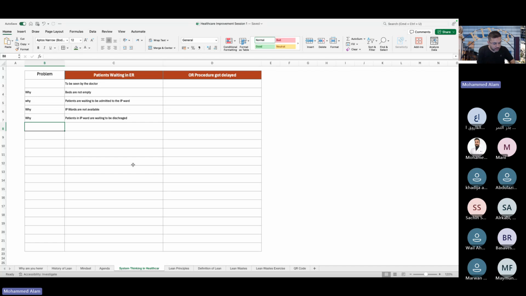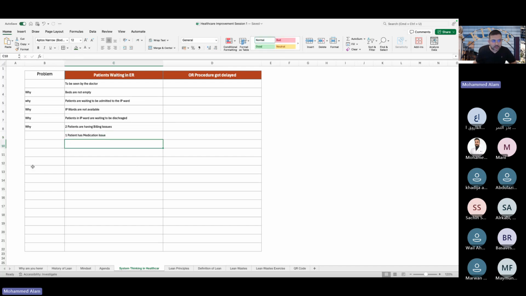So let's ask another why. Why are those patients waiting to be discharged? Let's say two patients are having billing issues. And let's say one patient has a medication issue.